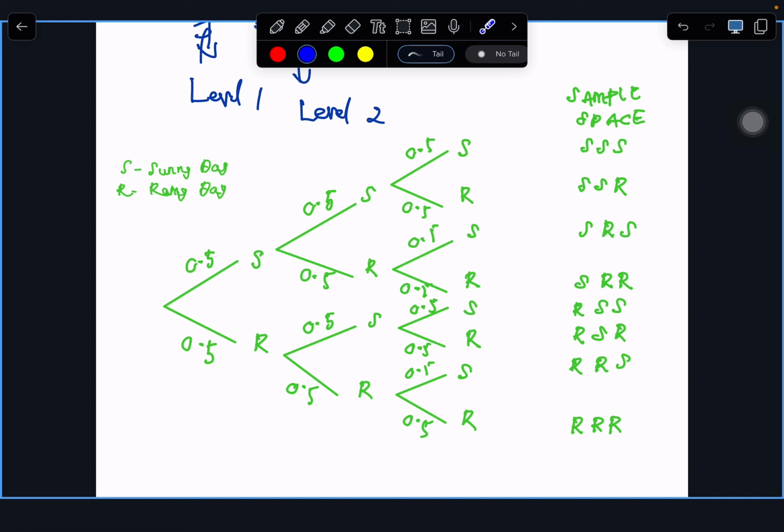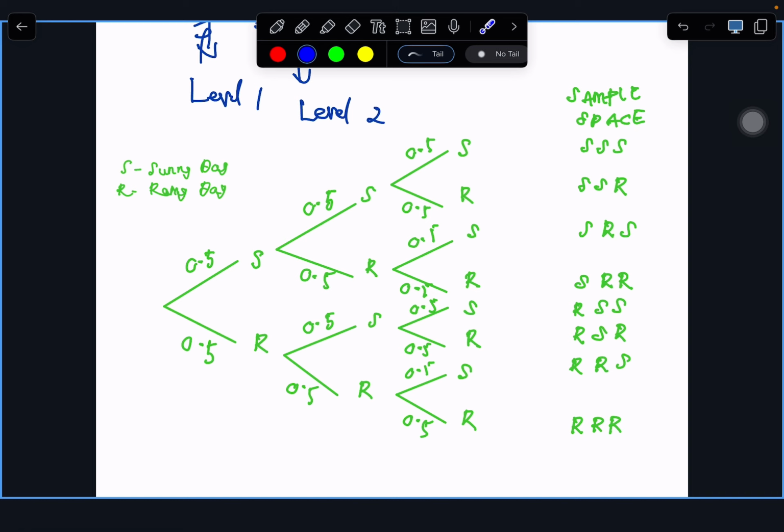Okay, and we can get the probability here. How do we get the probability of having S, S, S? We go this way, and this way, and this way. What probability do we use? 0.5, 0.5, 0.5. To get this, we multiply probabilities across the branches.